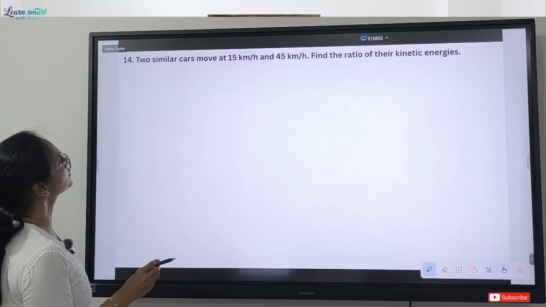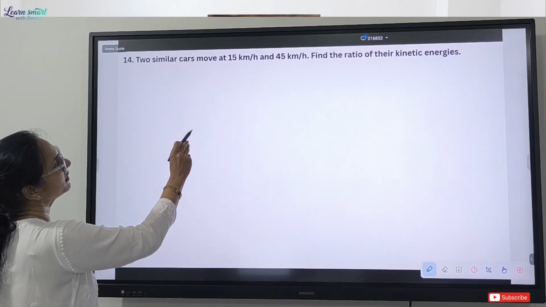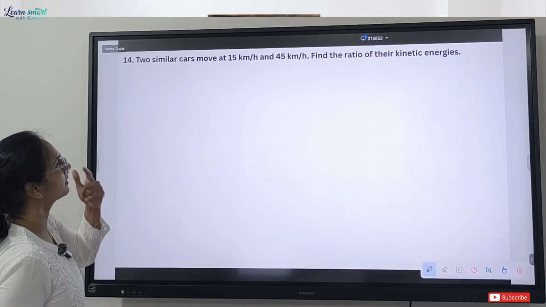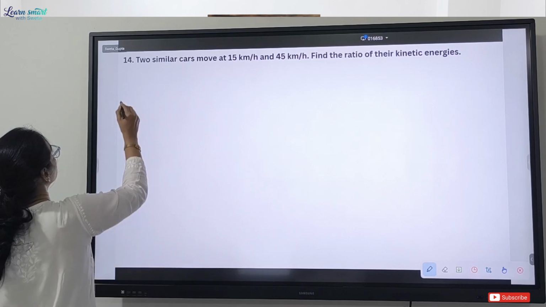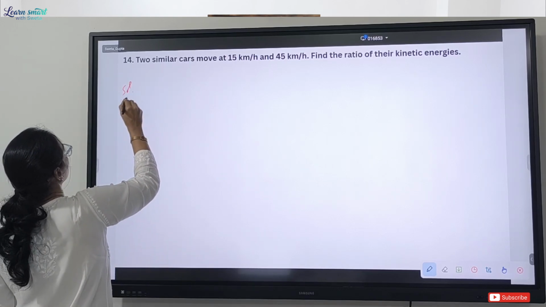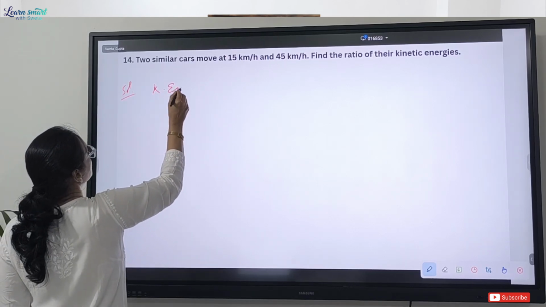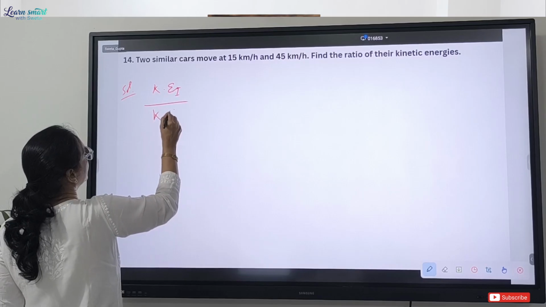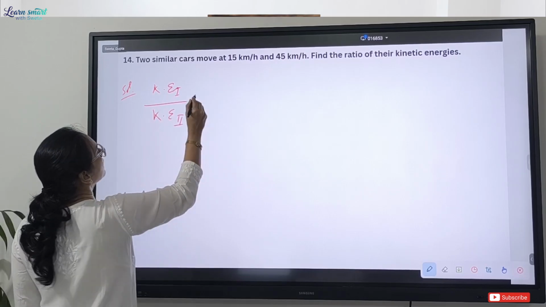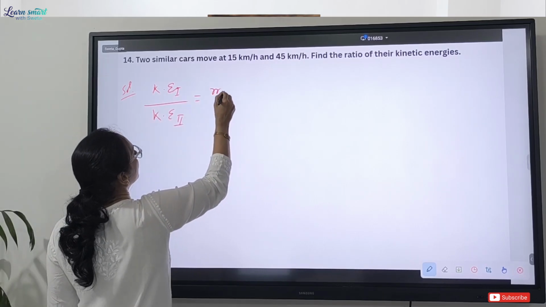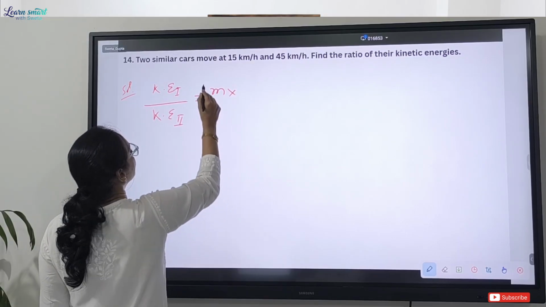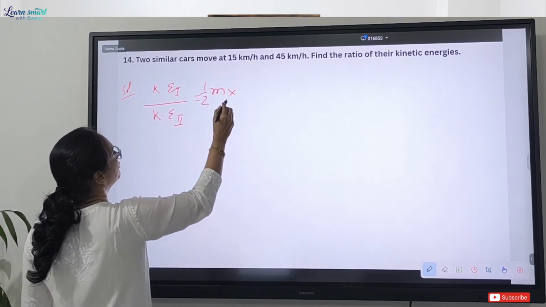Two similar cars move at 15 km per hour and 45 km per hour. Find the ratio of their kinetic energies. So, kinetic energy 1 upon kinetic energy 2. Similar car, which means mass is same, m into half m v square.